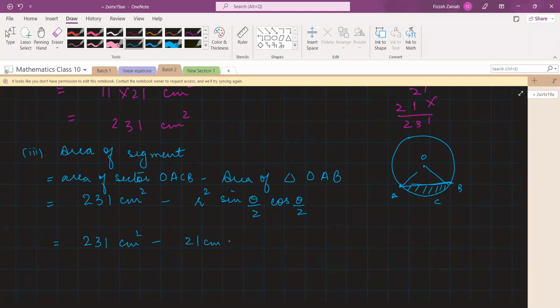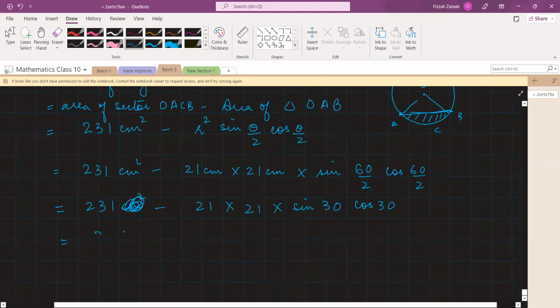So 21 centimeter into 21 centimeter into sine of 60 by 2 into cos of 60 by 2. Okay, so 231 centimeter square minus. So I have 21. This centimeter square I can take common, I'll write in the end. So 21 into sine of 30 into cos of 30, right?